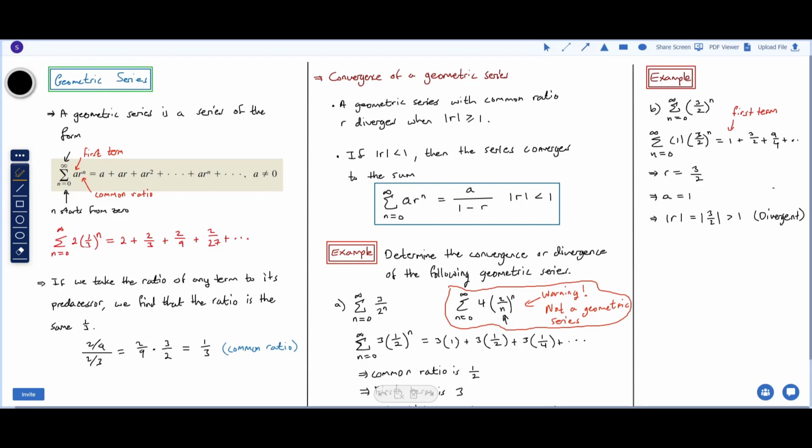Let's see if there's one more example we can do. Well, you know what? That's good enough for geometric series.